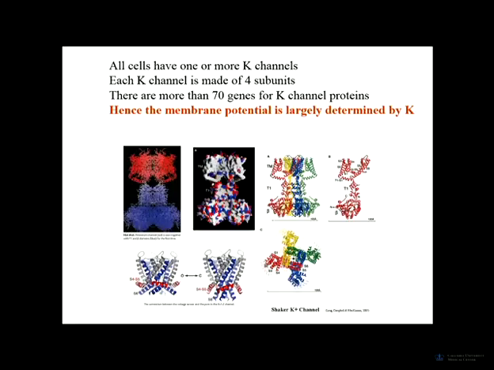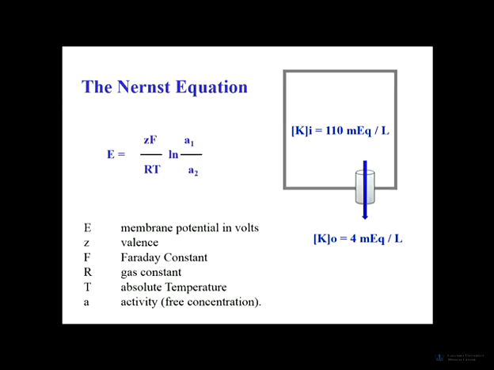And every cell has many more than one type. A few of them are dominant and control the membrane potential, but when we think about potassium channels, we think about a large universe of characteristic proteins with their different components.